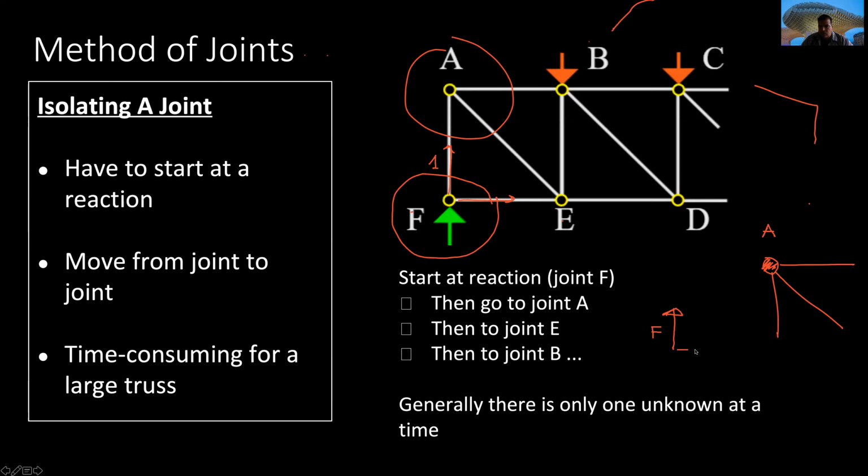Well, we'll be able to calculate how much FE is, that is this vector for 1, and how much the other vector is, FA, that is this vector in particular. Well, it will be possible with trigonometry.